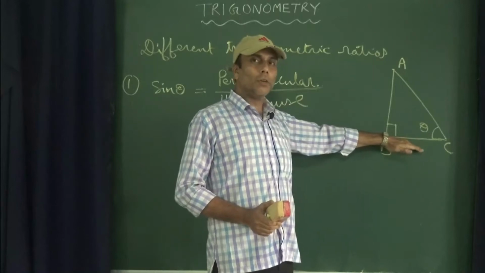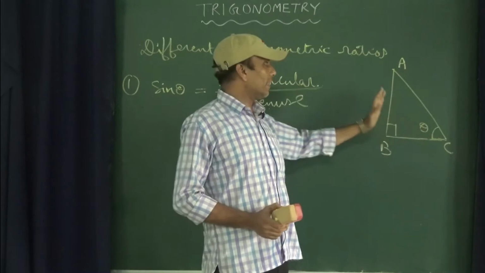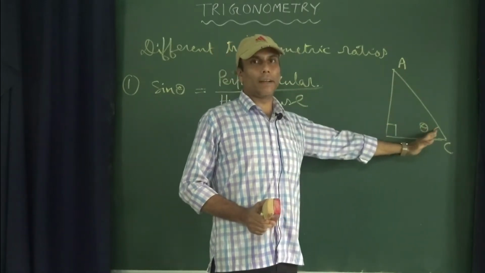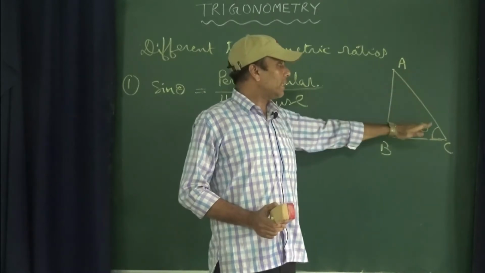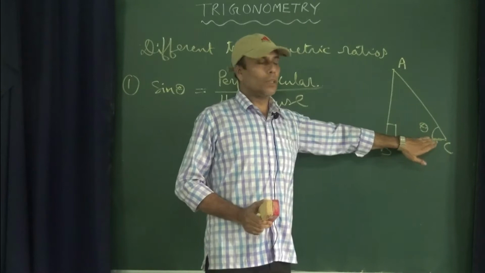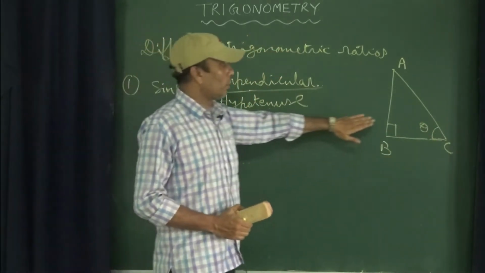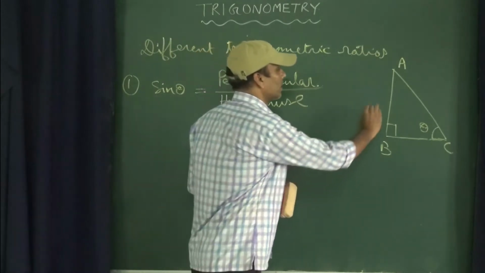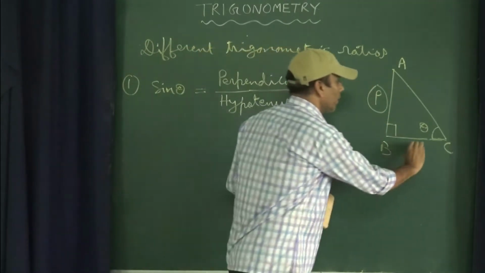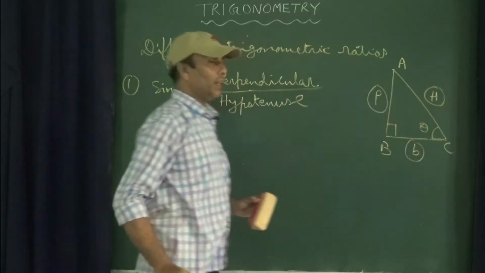The side on which the angle theta is lying will be our base, and the other one will be perpendicular. Hypotenuse will be unaffected. So it will remain the same whether theta is lying on AB or on BC. So sin theta equals perpendicular by hypotenuse, and for this diagram AB is our perpendicular, BC is our base, and AC is our hypotenuse.